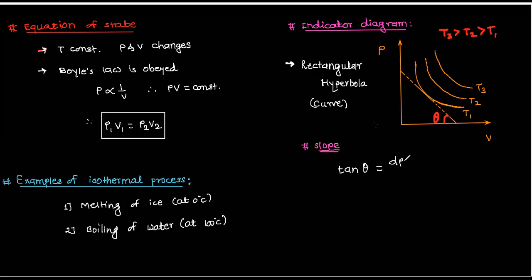So change in pressure by change in volume. This is the change in pressure. This one is the change in volume. So this is equal to minus P by V. Why? Because pressure changes from maximum to minimum, isn't it? So minimum minus maximum. That's why we are getting the minus sign. Okay.